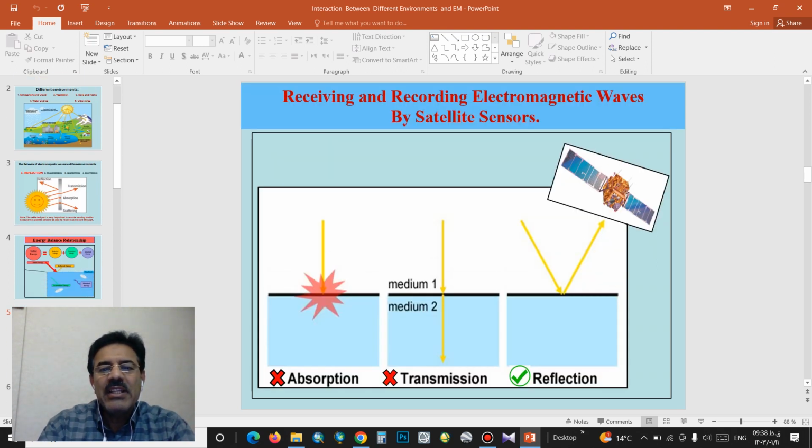Receiving and recording electromagnetic waves by satellite sensor. This slide is showing just reflection. Electromagnetic waves received by the satellite sensor are not transmission, not absorption, just reflection waves.